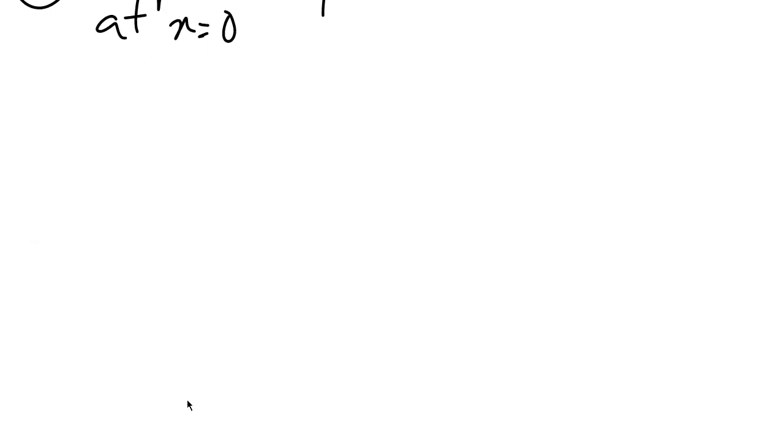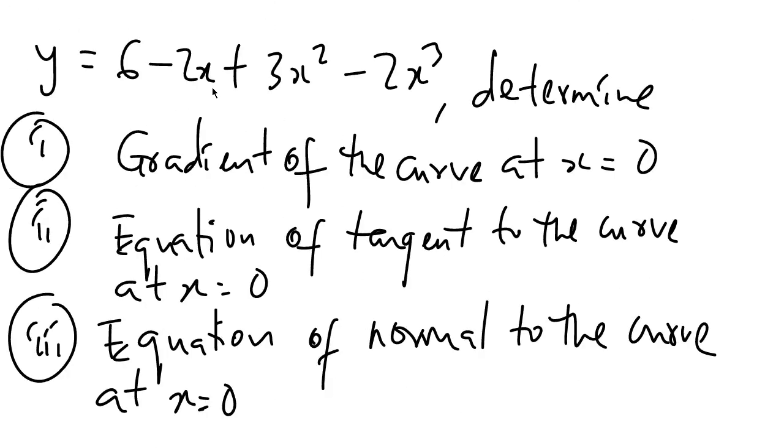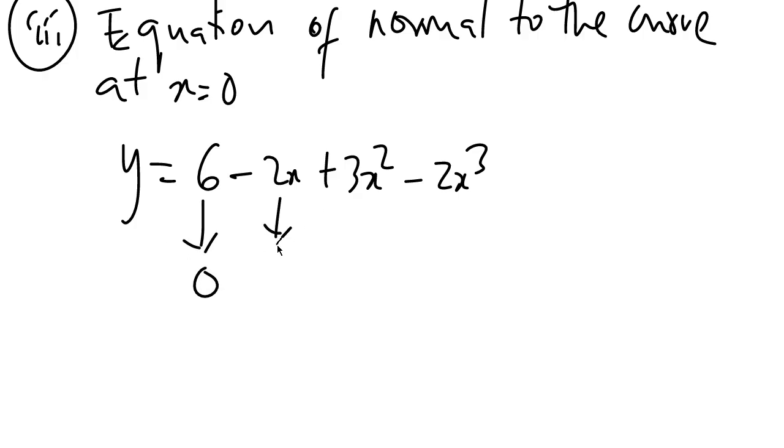So following these steps, y is equal to what are we given? 6 negative 2x plus 3x squared minus 2x cubed. If you differentiate this, remember the differential of a constant is 0. Negative 2x, if you differentiate it, you will be left with negative 2, right? Plus, if 2 comes down, it becomes 3 times 2x to the power 2 minus 1, which is 6x.